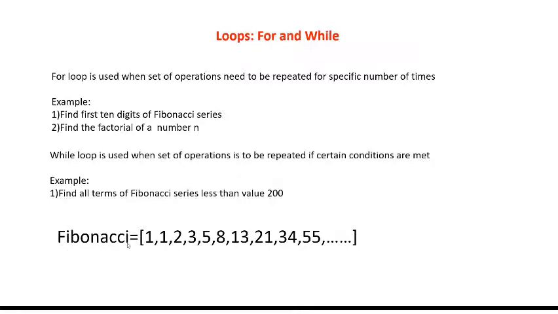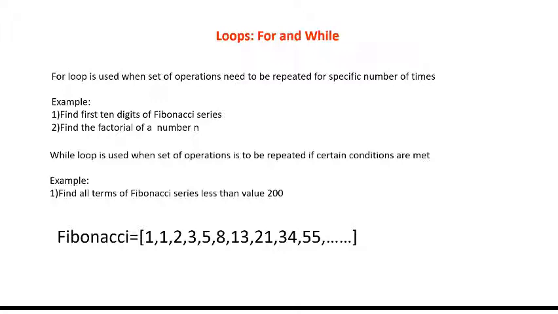So what is a Fibonacci series? The Fibonacci series is given by 1, 1, 2, 3, 5, 8, 13, 21, 34, 55. How did we get this series? Every number in this series is the addition of the previous two numbers, and the first two numbers of the series are 1, 1.